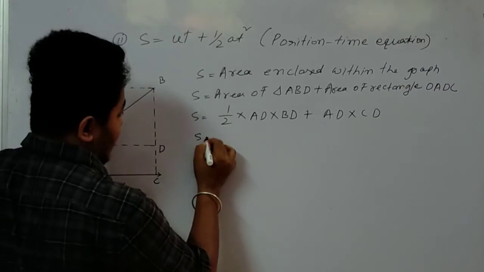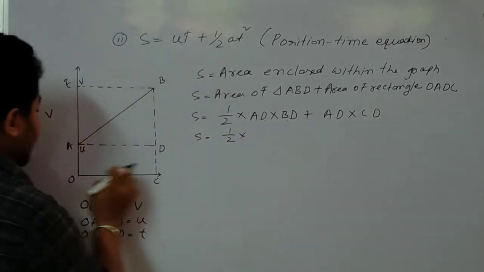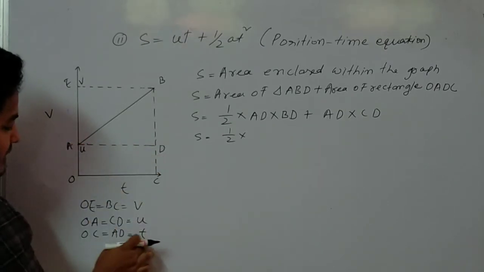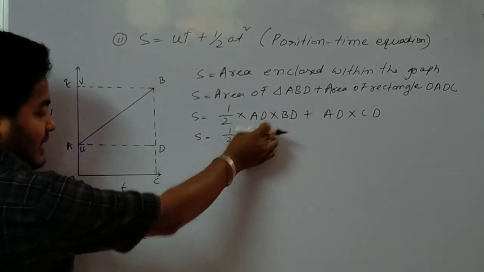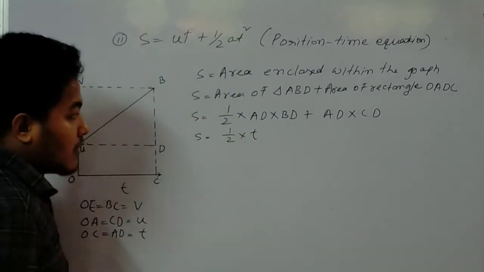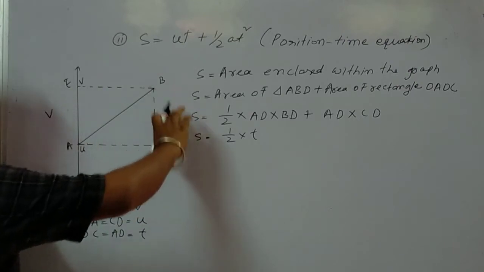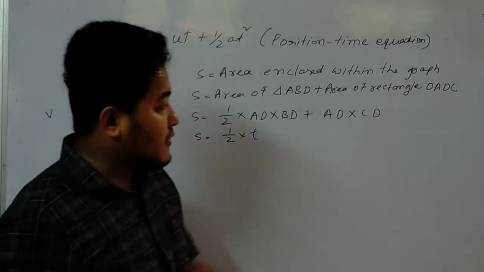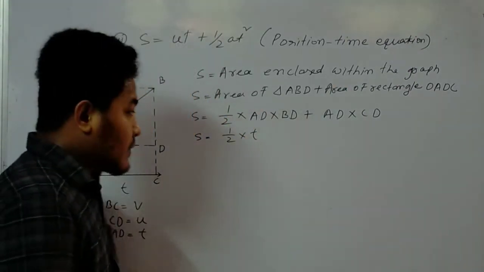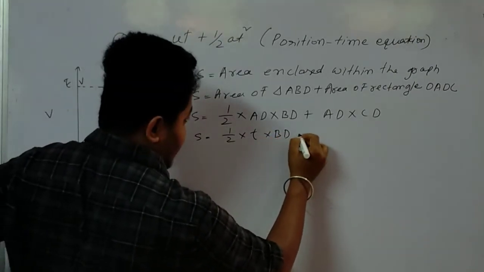So S is equal to half of, what is this AD? This AD is equal to time t. So I can replace this AD by time t. So this is half of t. Next is your BD. This BD is a complicated thing, and we have to find the value of BD separately. So I am leaving this BD for the time being.